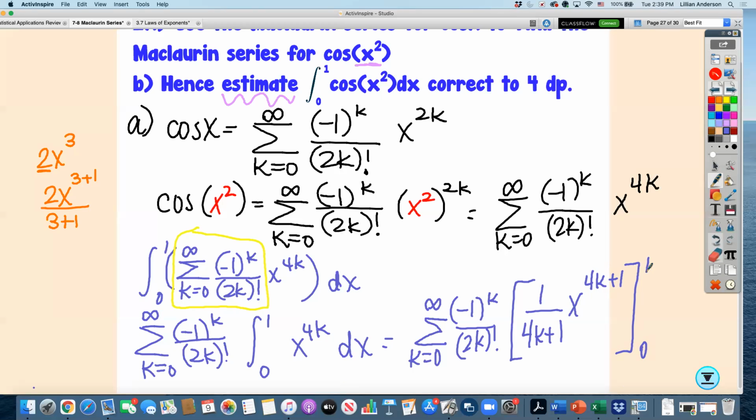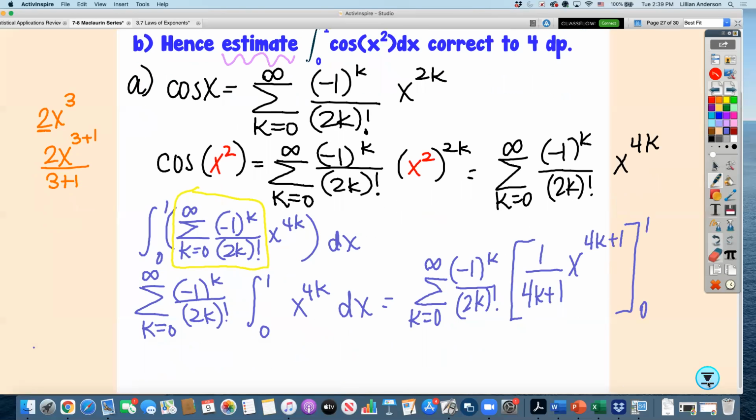The fundamental theorem of calculus says I plug in which bound first? The first one, 1. When I plug in the 1, sorry, let me rephrase. What do I plug it into? I'm plugging it into x.